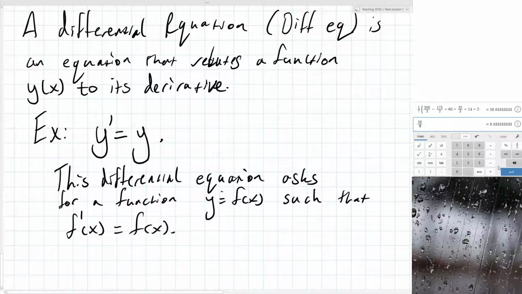In other words, the solutions to it are the set of all functions that are invariant under differentiation. Functions whose derivatives are themselves.